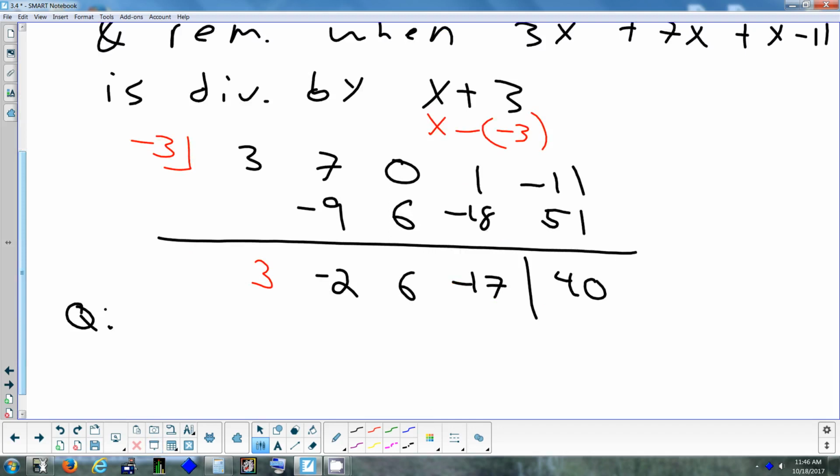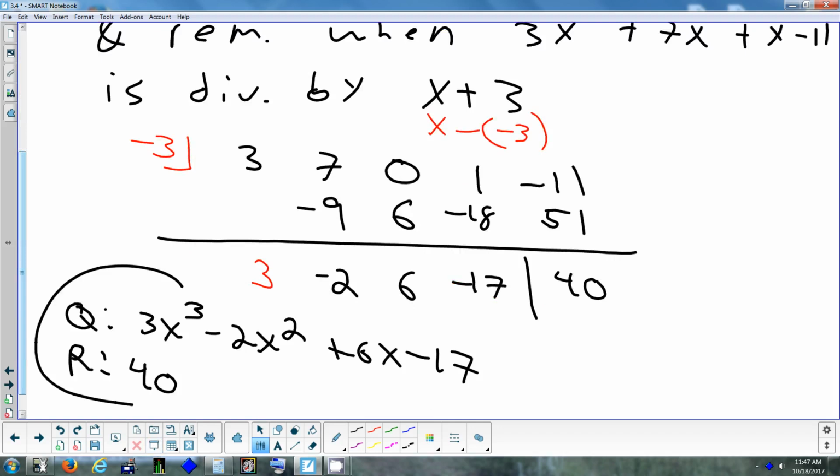Everything to the left of that line is your quotient. So we've got 3x cubed minus 2x squared plus 6x minus 17. What's the number to the right? Remainder. Okay, so there's your quotient and remainder.